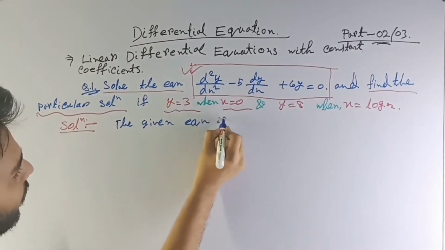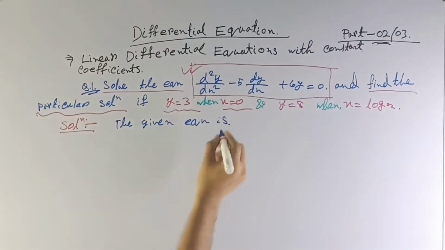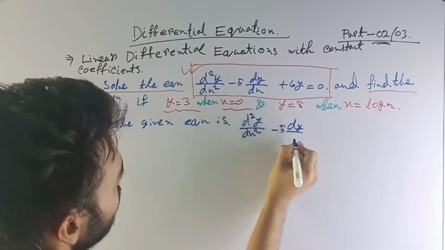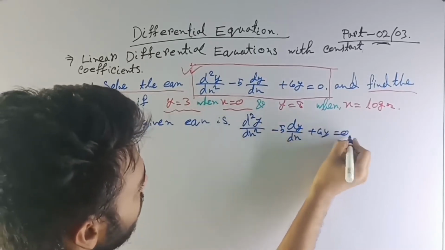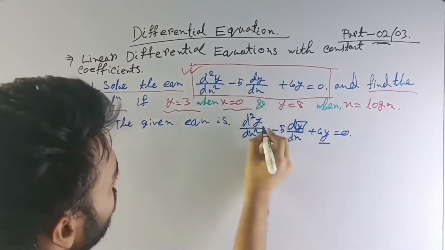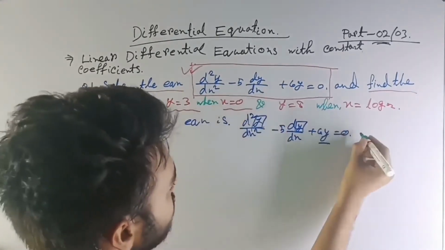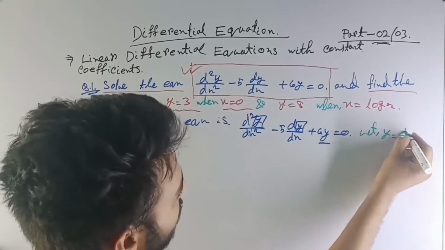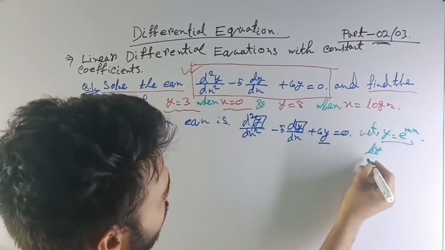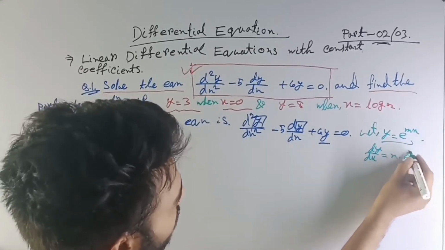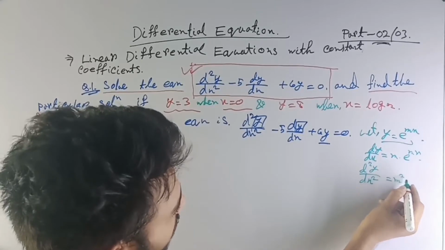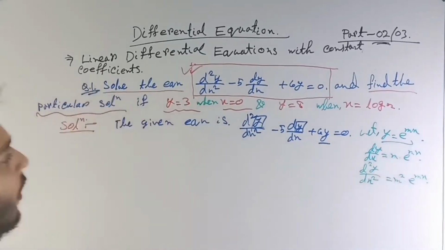Now the given equation is d2y by dx2 minus 5 dy by dx plus 6y equals to 0. So now let y equals to e to the power mx, therefore we can write dy by dx equals to m times e to the power mx, and d2y by dx2 equals to m square times e to the power mx.